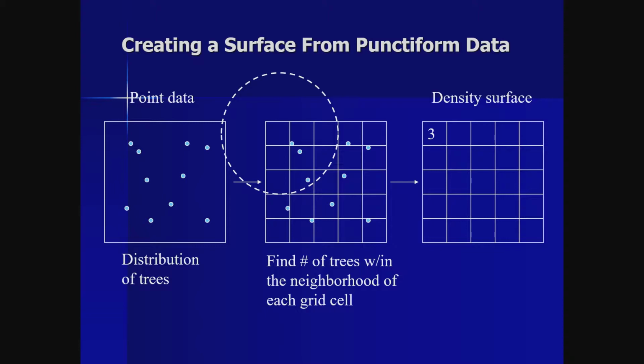Because you can imagine if your kernel was as large as the entire data set, every value would be the same, because it would find the same number of observations in every single one. So if the circle was this big, as it moved around, how many dots are there? 1, 2, 3, 4, 5, 6, 7, 8, 9, 10. Then everything would be 10, because that circle would always encompass all 10 dots.